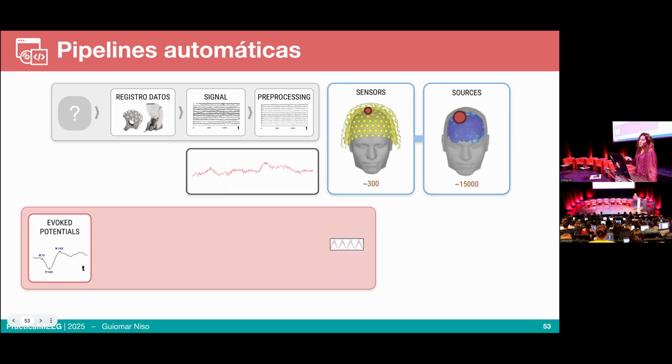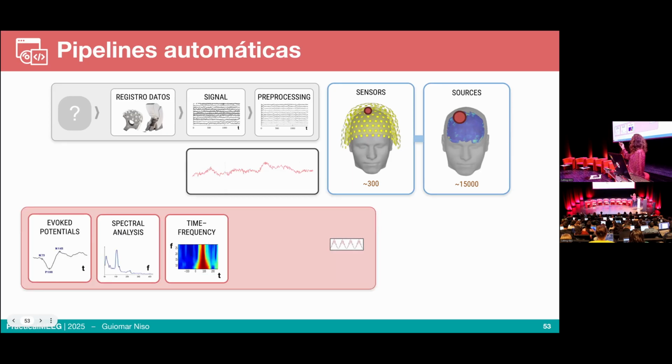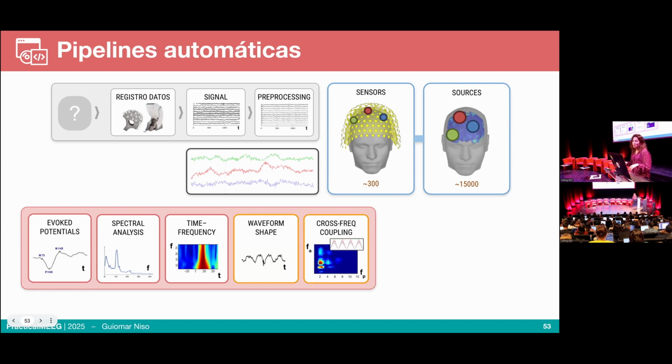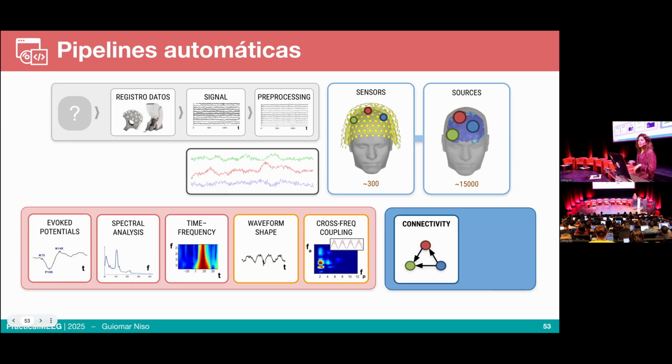And then you can do whatever works best for you, or many options, because every analysis gives you a new approach and a new perspective of what you want to study: evoked potentials, spectral analysis, time frequency, waveform, cross-frequency coupling, or if you have multiple signals, then you can do some connectivity or network analysis.